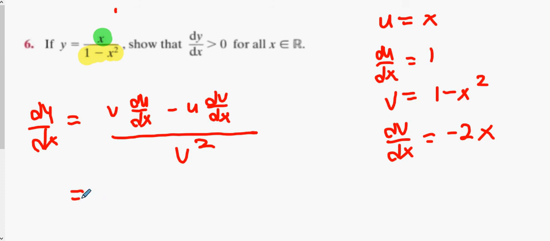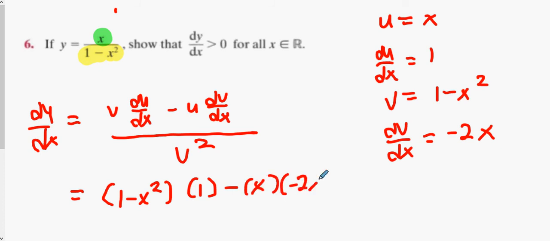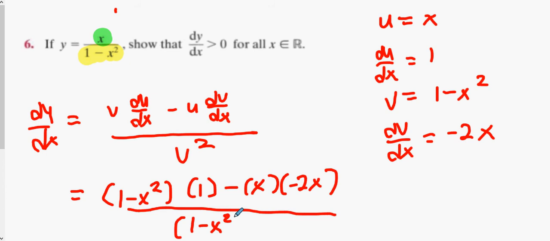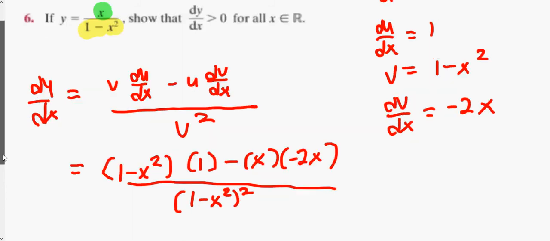Now, 1 minus x squared, du/dx times 1, minus u times dv/dx, all over v squared. Did most of you get that far?